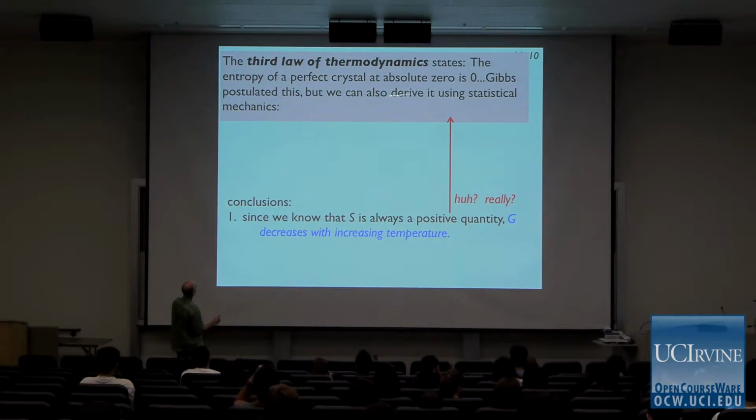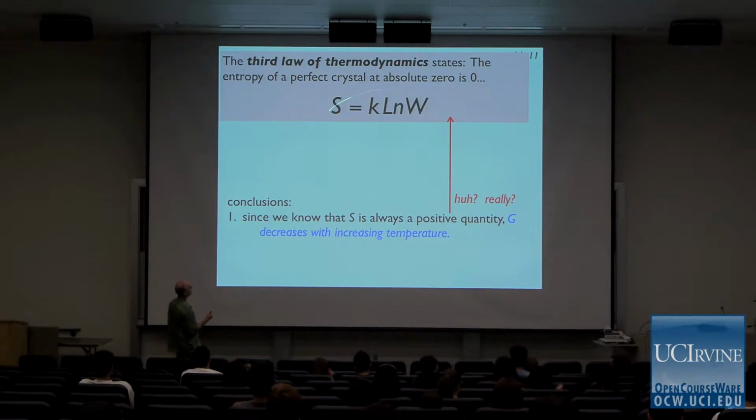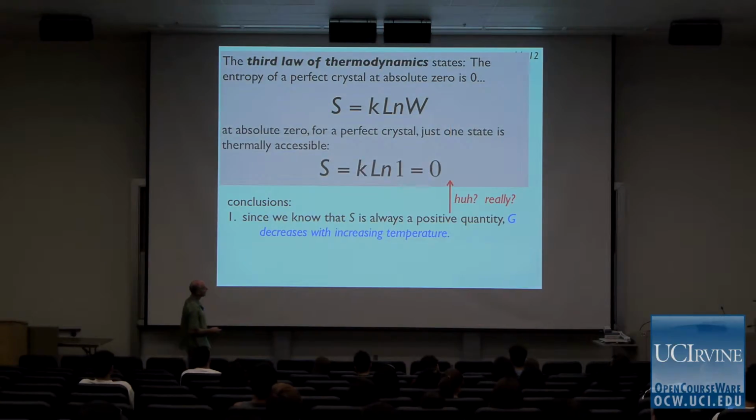Gibbs postulated this, but we can also derive it using statistical mechanics. Remember, S equals k log W. Well, if W is 1, in other words, if there's only one thermally accessible state for the system, and at a temperature that's low enough, that's always going to be a crystalline state. Right?